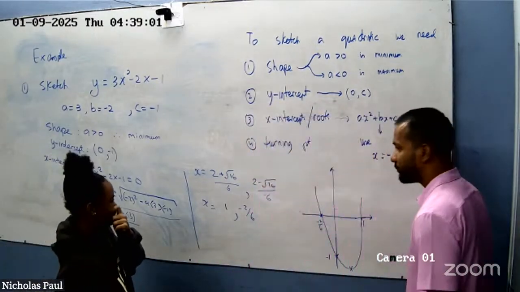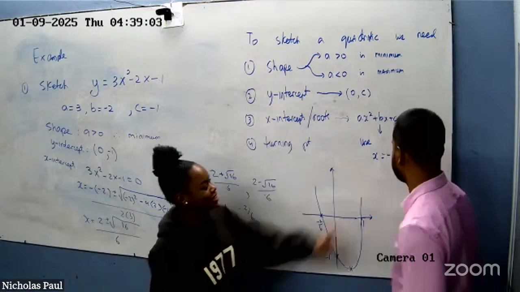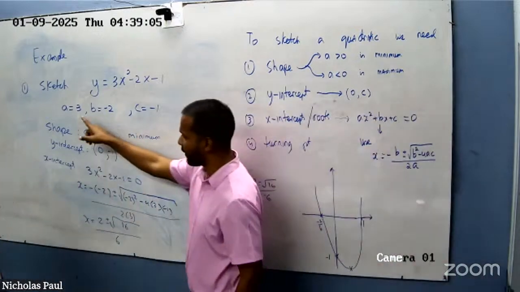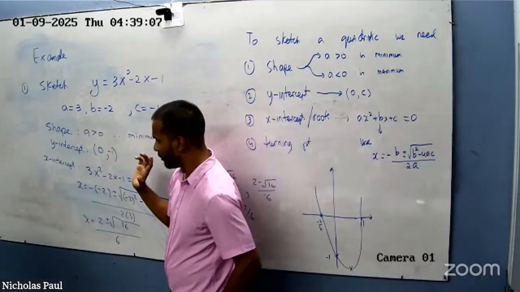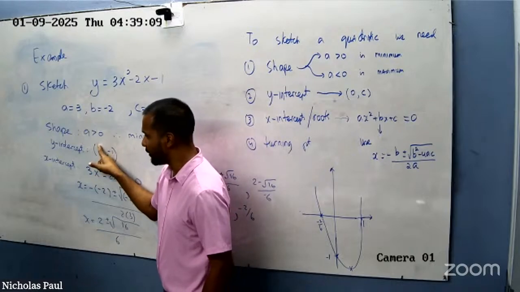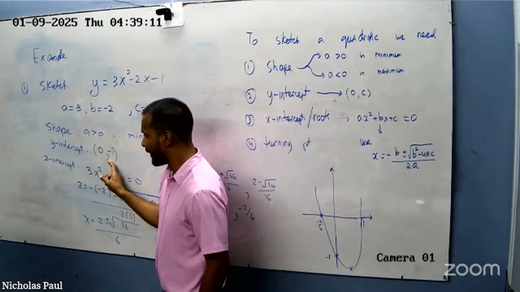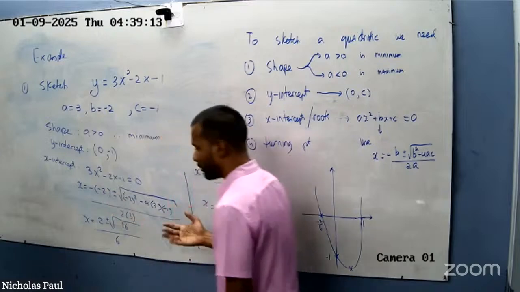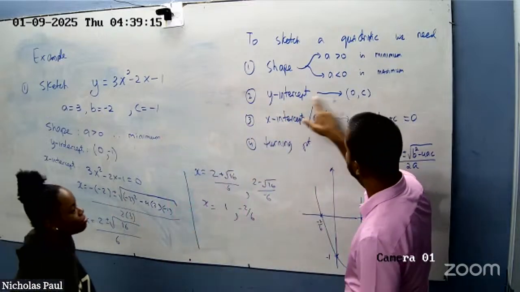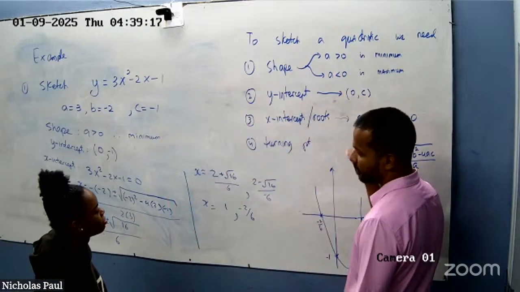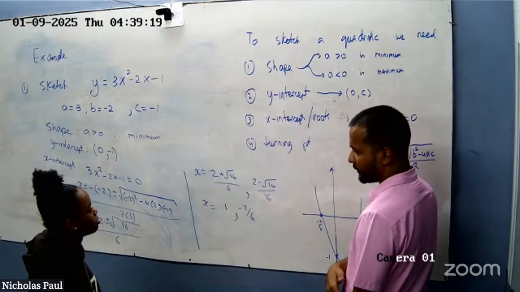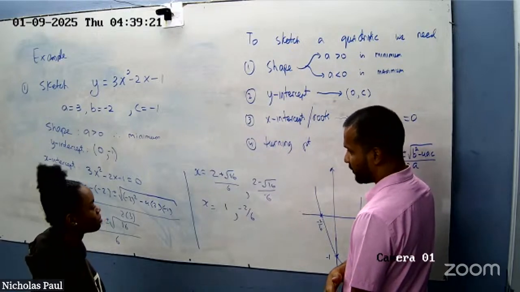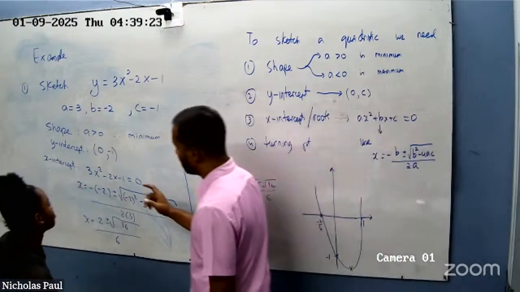Come on. So let's start here. You can write on a, b, and c. You understand how I get the shape? You understand how I get the y-intercept? The y-intercept is always (0, c), whatever c is. You understand that? So you follow how I get it here.